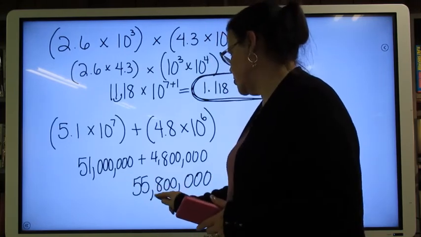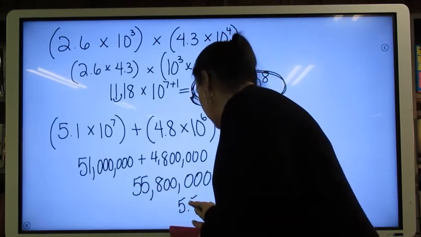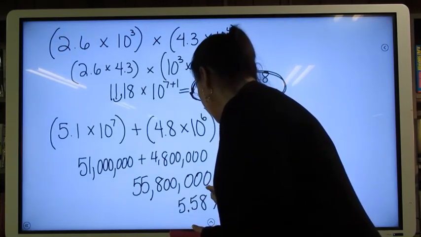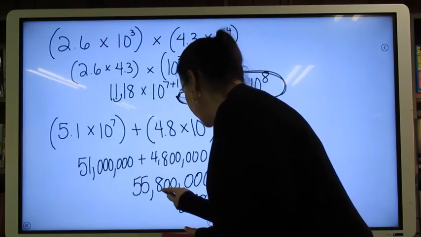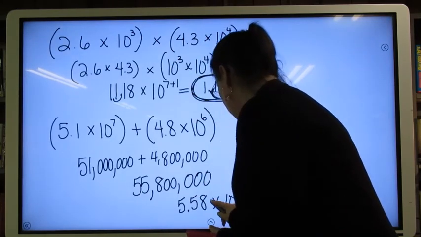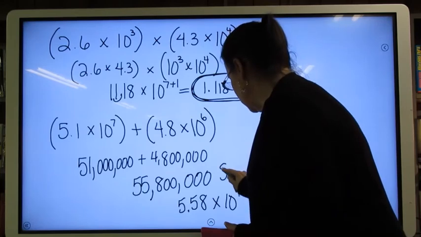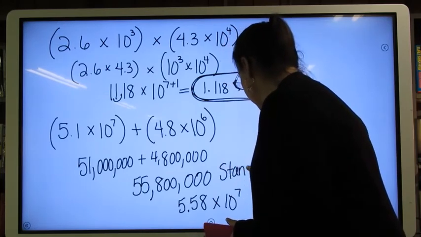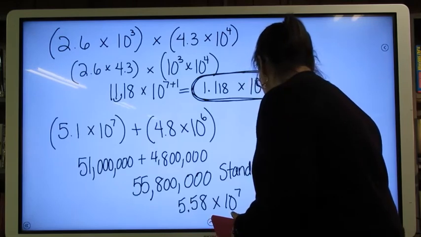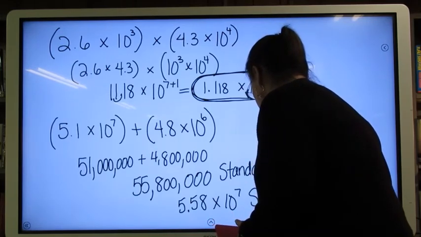And then to change it to scientific notation, you move that over 1, 2, 3, 4, 5, 6, 7. So this is standard form, and then this is the scientific notation.